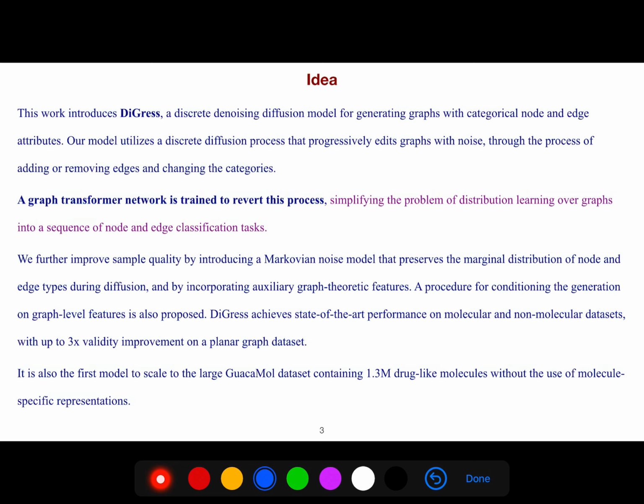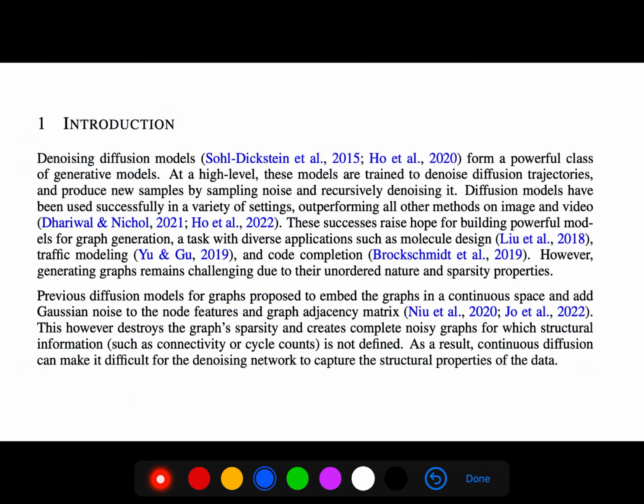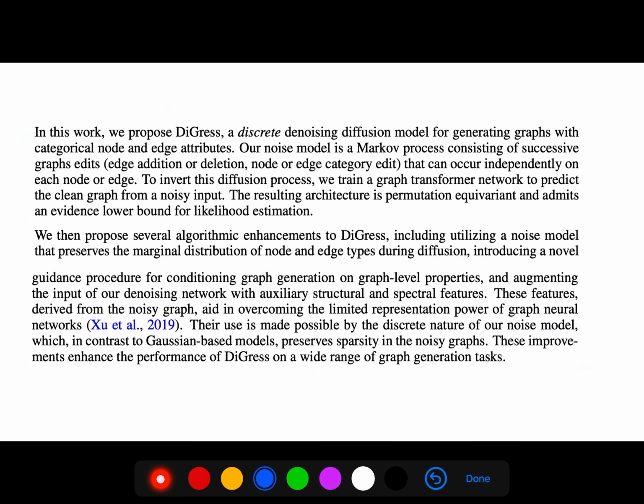So it is also the first model to scale to the large GuacaMol dataset, which has 1.3 million drug-like molecules without the use of molecule-specific representations. So it's a discrete space, discrete time modeling.